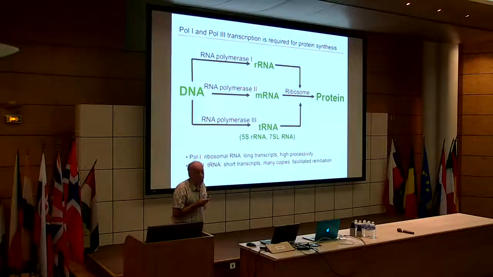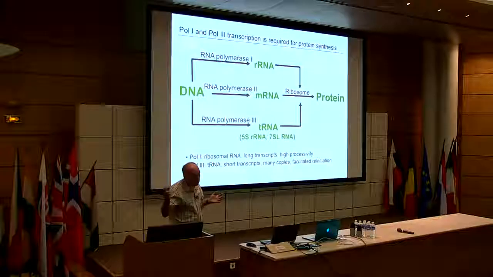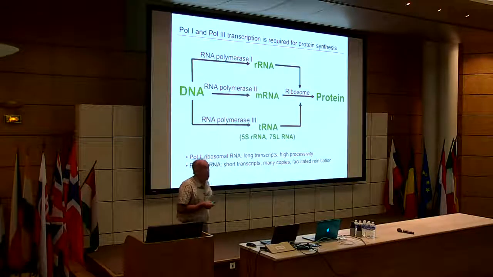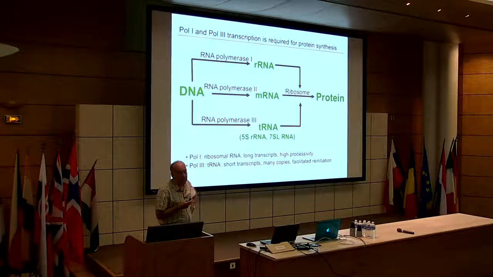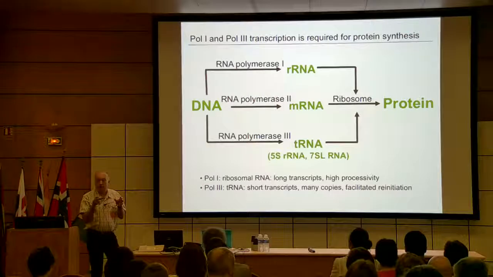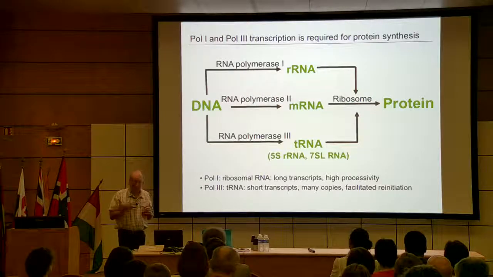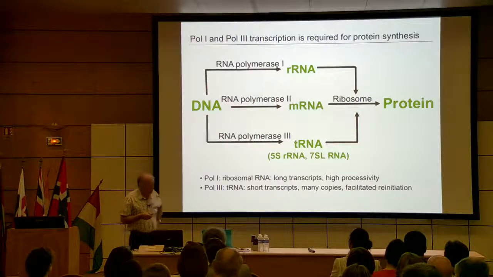If you wish, pol 1 and pol 3 have almost opposing activities, because pol 1 makes these long transcripts, whereas pol 3 makes very short transcripts. And there it's important to produce many copies through a process called facilitated reinitiation, where the polymerase stays attached to the pre-initiation complex and very quickly cranks out different copies of tRNA.